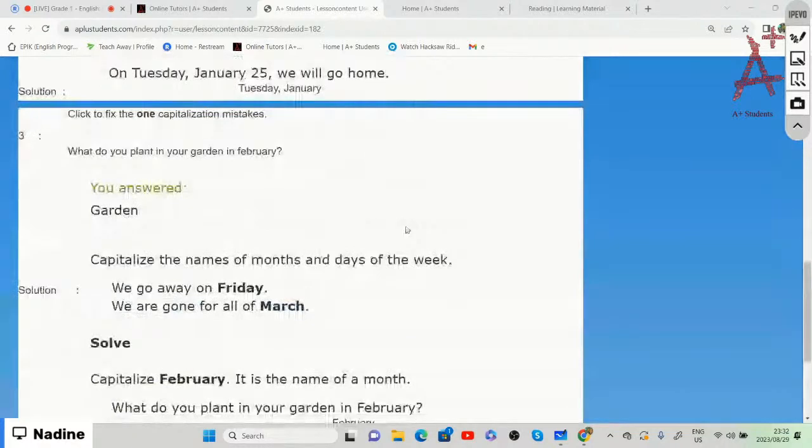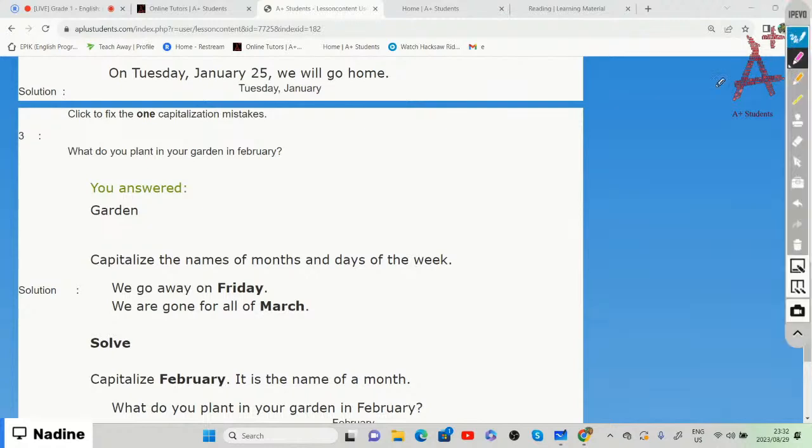All right, so in this case, we also need to click to fix the one capitalization mistake, right? What do you plant in your garden in February? If we were to select the capitalization mistake, we would underline or basically correct February, right?